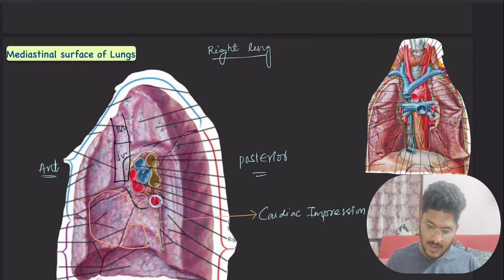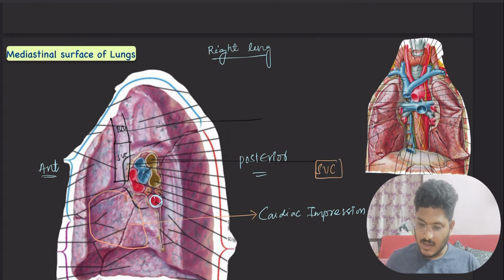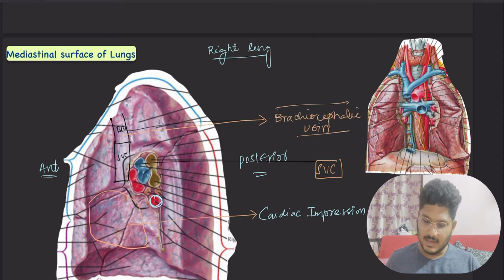The superior vena cava, SVC, and this one above that one, its branch of superior vena cava, is called as brachiocephalic vein. Similarly, inferiorly from the heart, there arises another venous structure called as inferior vena cava.